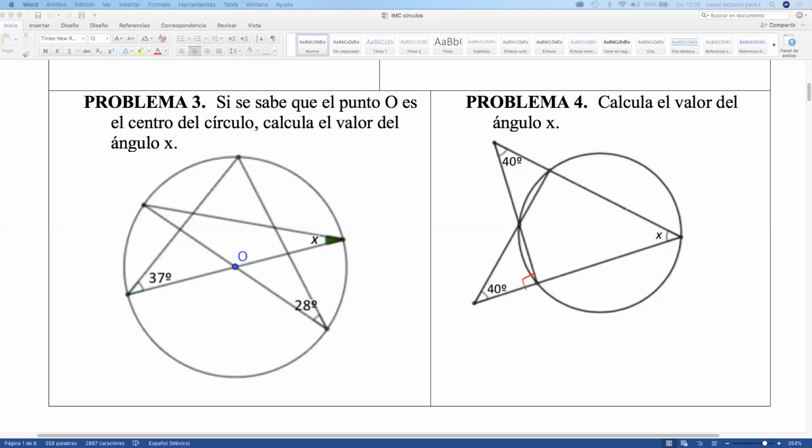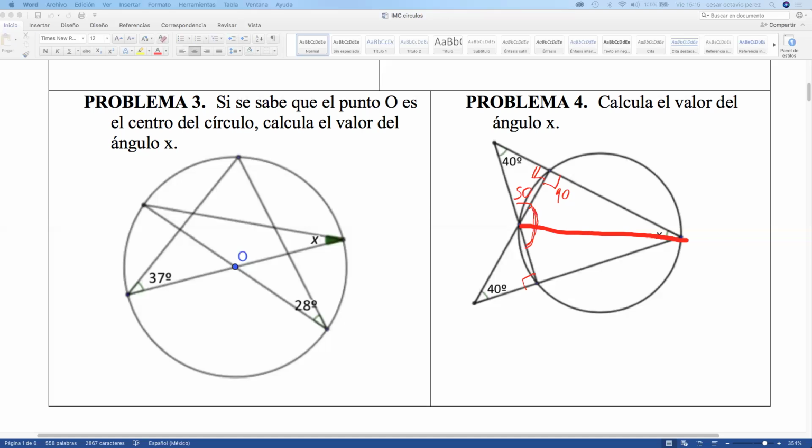Let me see. Okay. This is symmetrical. Okay. This is 90 degrees. This will be 50. This will be, I don't know.